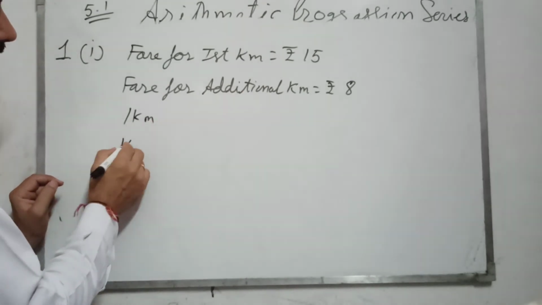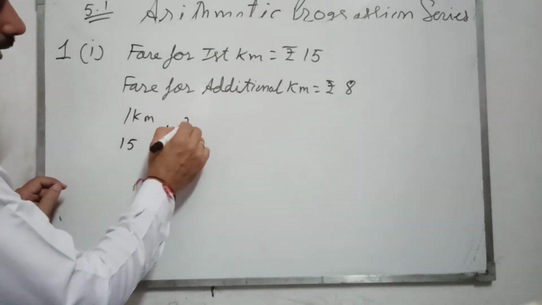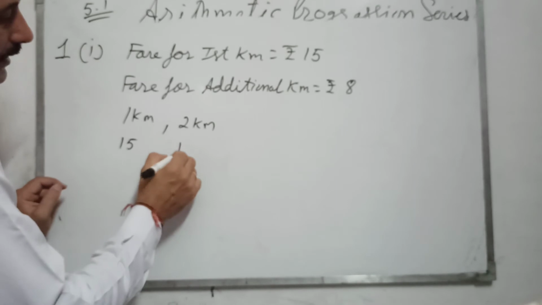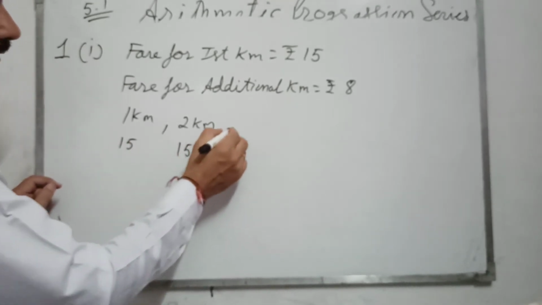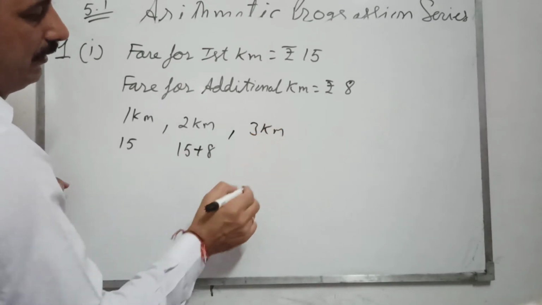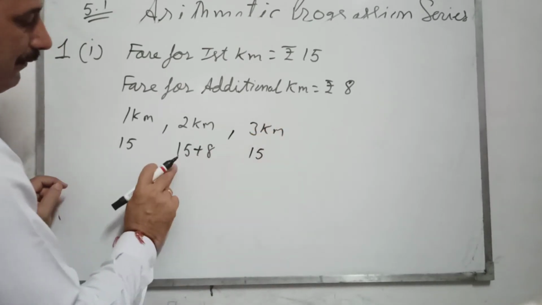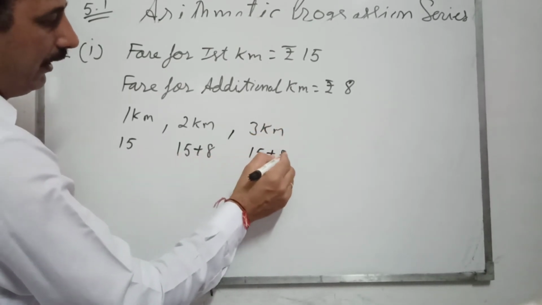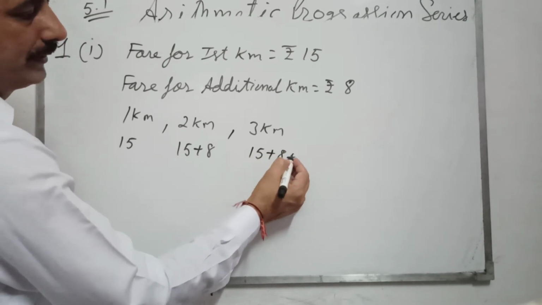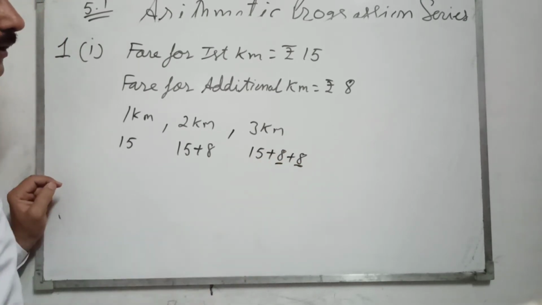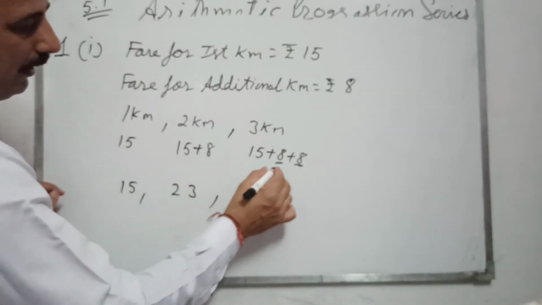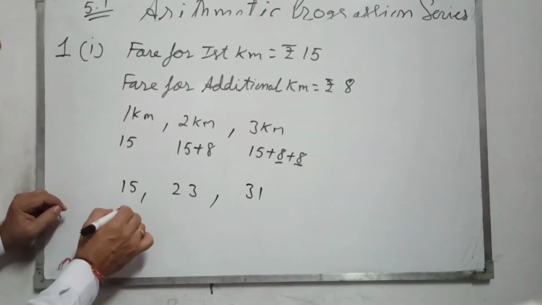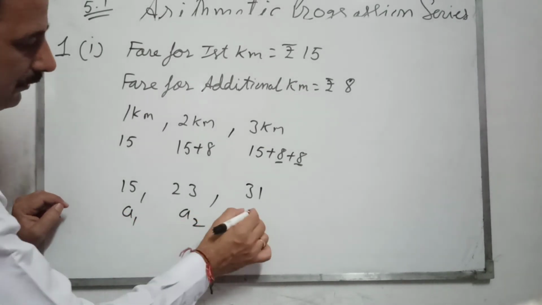For the first kilometer, that is rupees 15. For the second kilometer, that is 15 for the first kilometer plus 8 for the next kilometer. For the third kilometer, 15 for the first and 8 rupees each for the second and third kilometers. So it becomes 15, 23 and 31. So it's A1, A2, A3.